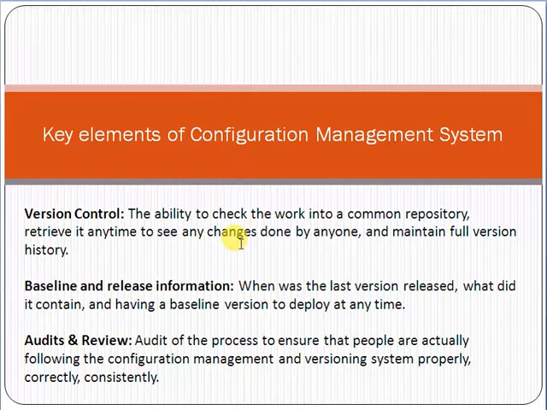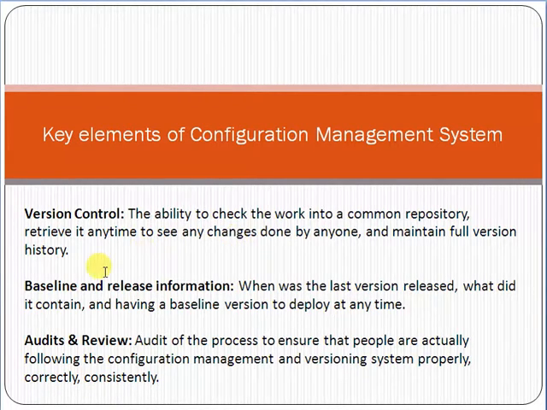Also the older version would be available at that particular common repository, so that if you need at any later stage the older version of the project plan, it should be available and you can backtrack that document if it's required.